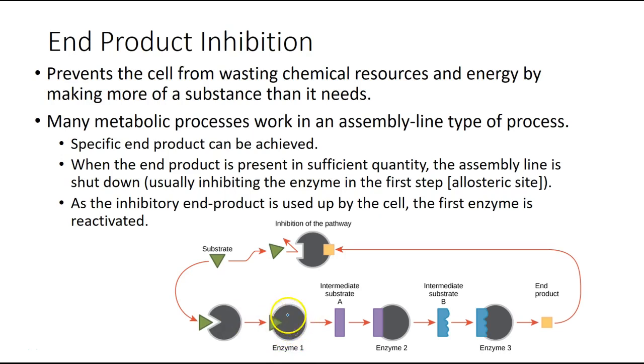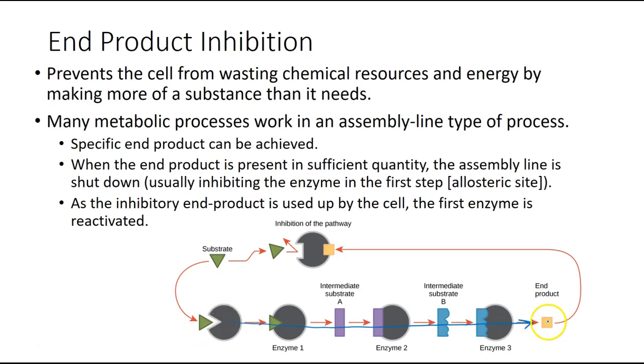This complex is going to cause this enzyme, this is enzyme number 1, to change this substrate into an intermediate substrate A. Then you have enzyme number 2, which is going to bond to that intermediate substrate A, and is going to change it to intermediate substrate B. As soon as intermediate substrate B is produced, it's going to bond to enzyme 3, causing your end product. This is a metabolic pathway from reactant to product.